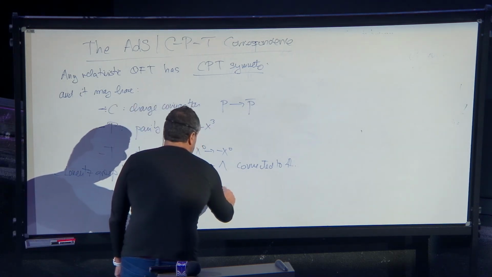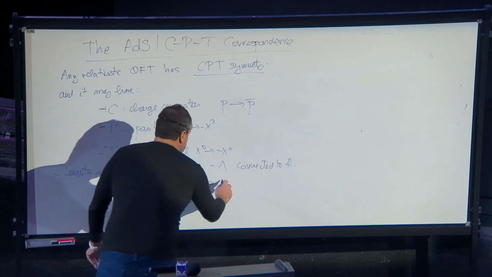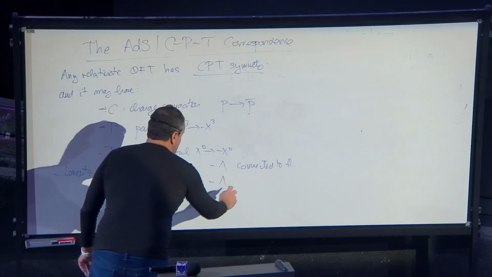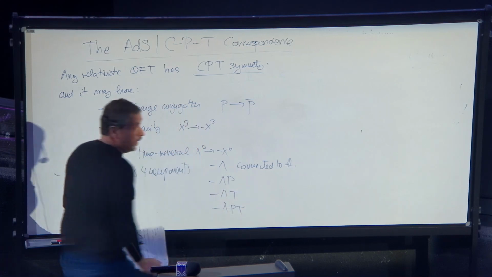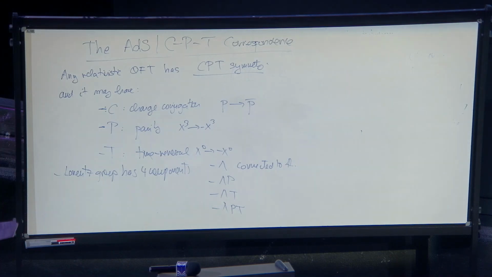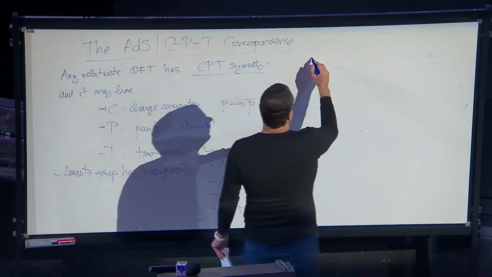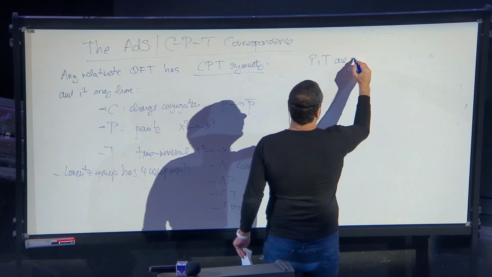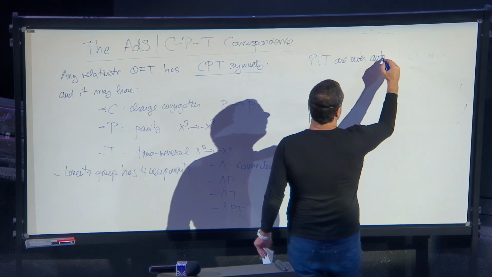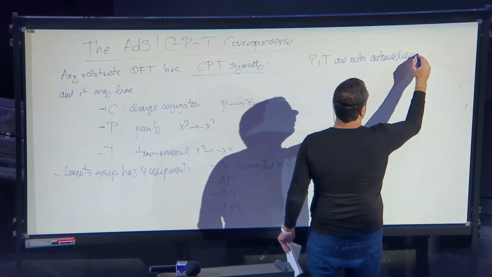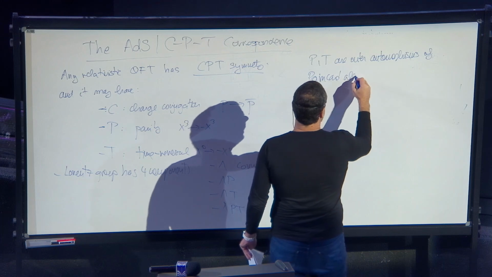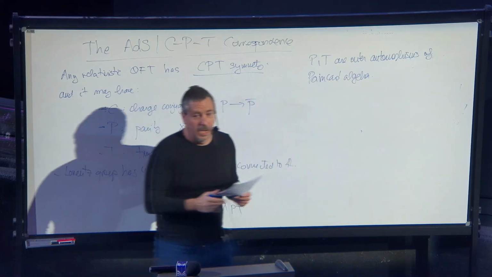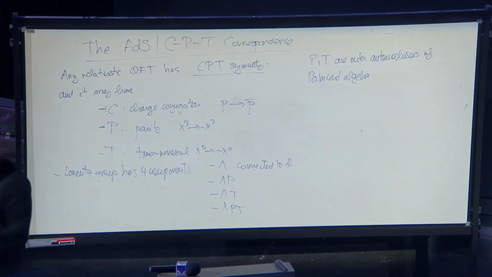Then you have three components that are not connected to the identity, obtained by taking a piece of the connected component and multiplying by parity, time reversal, or PT. The way you should think about P, T and PT is as outer automorphisms of the Poincare algebra. And now you can sit down and think about how, physically, if you get the signs right, P and T should act on the Lorentz-Poincare generators. Okay?